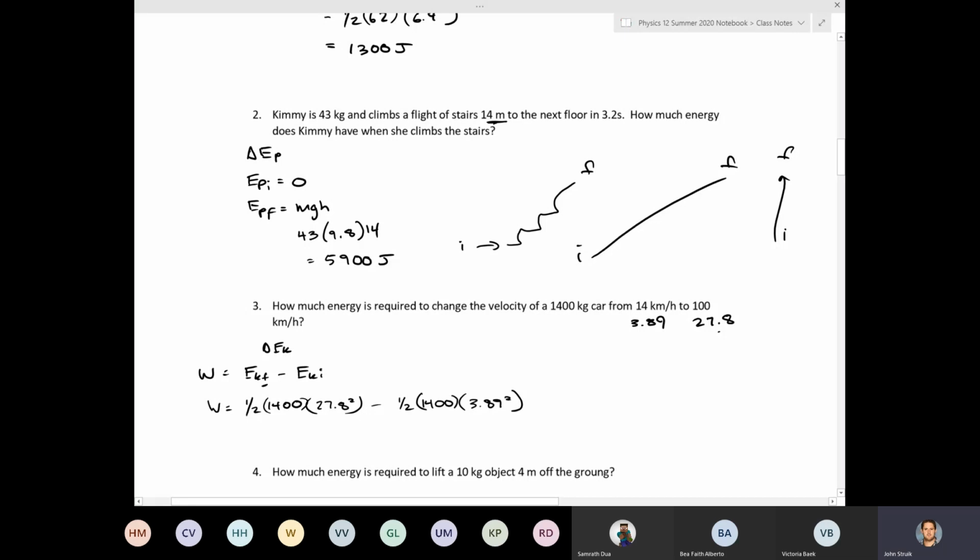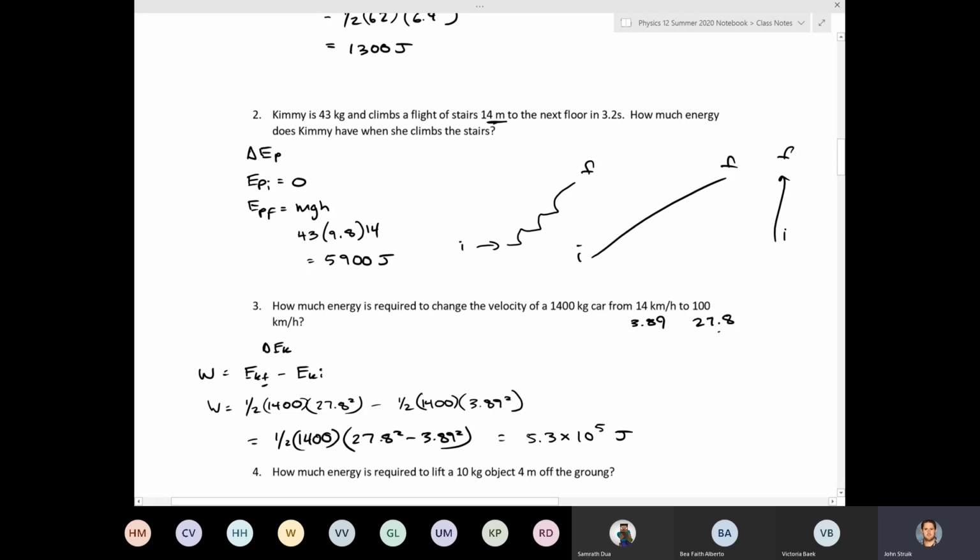You'll be left with 1/2 times 1400 times 27.8 squared minus 3.89 squared. So you're just factoring out those first two terms. I'll do that part first: 27.8 squared minus 3.89 squared times 700, and the answer is 5.3 times 10 to the 5 joules.